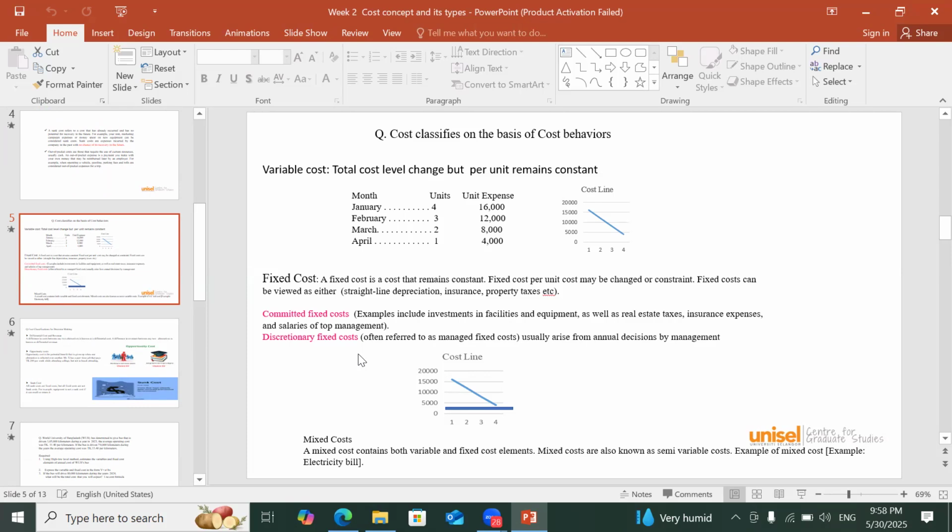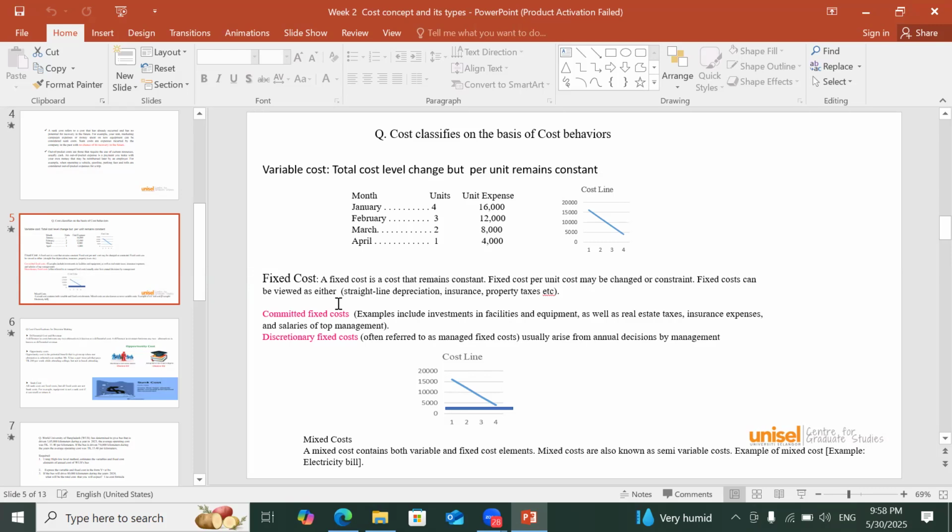Okay, fixed cost. A fixed cost is a cost that remains constant. Fixed cost per unit may change or remain constant, optional. Fixed cost can be viewed as either. Okay, I will give a practical example.